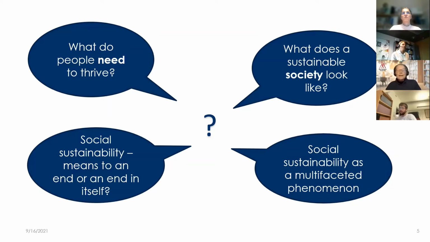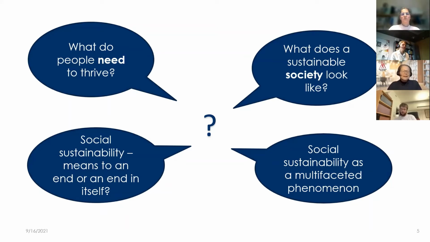That's obviously somewhat the same, since people make up the society, but some of the criteria and questions in this approach are a bit different. Then we can ask if social sustainability is a means to an end or an end in itself.